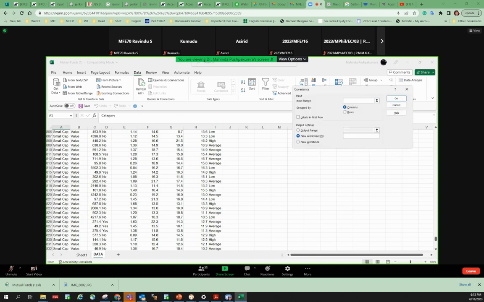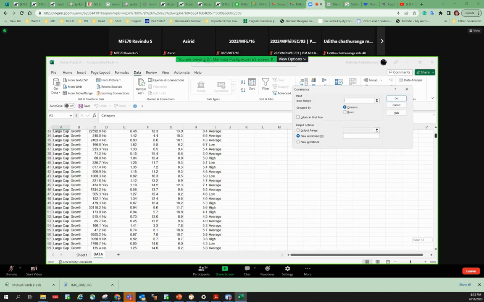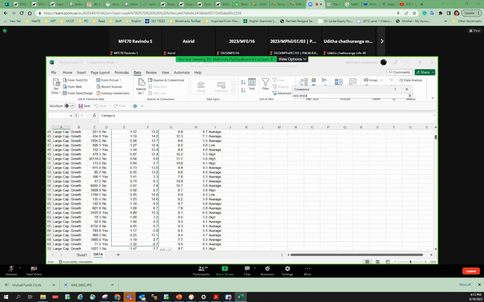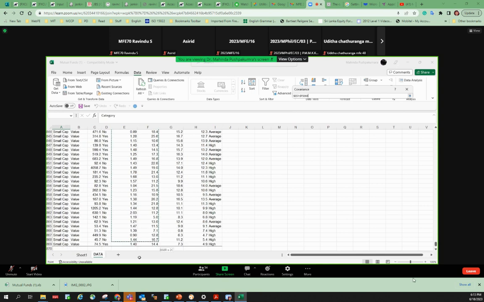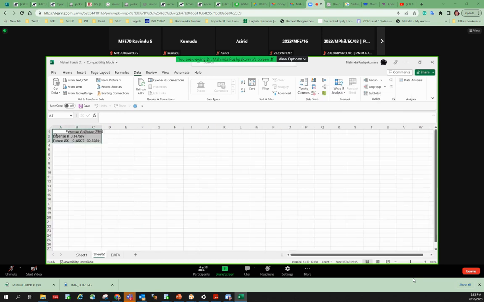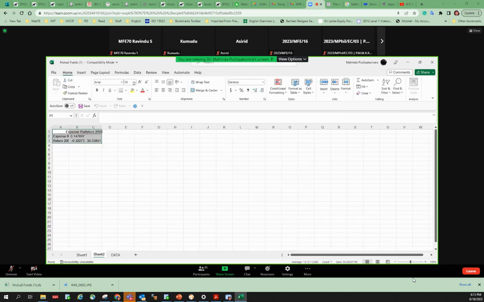Then you can select the variables you want to see the correlation for. Let's say we take these two variables. Both are numerical. Then labels in first row, then OK. Then these are the results. I hope you can see it.